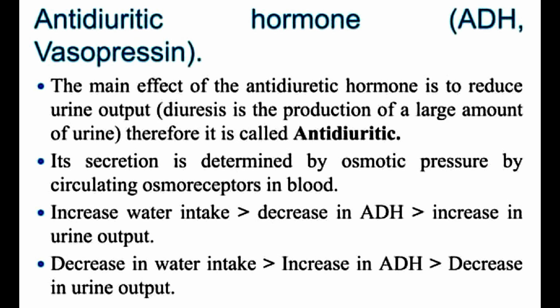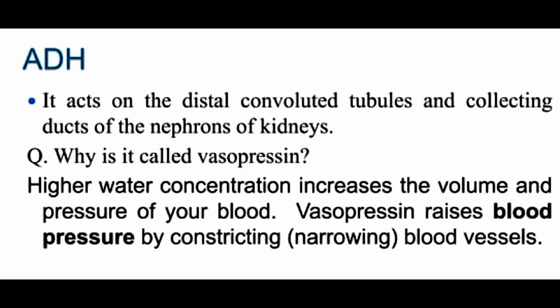In absence of ADH, the DCT and collecting duct will be impermeable to water, so reabsorption of water does not occur in the renal tubules and dilute urine will be excreted. This leads to loss of a large amount of water through the urine. That condition is diabetes insipidus.